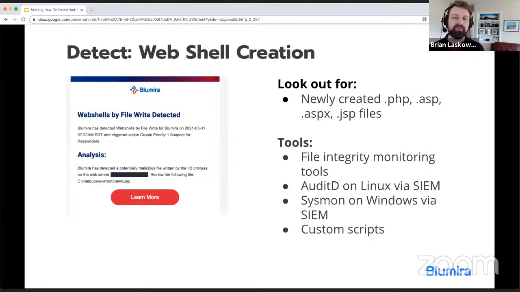If we're talking about vulnerabilities, for the most part it's going to be a public exploit, because the majority of these web shell attacks are happening with known vulnerabilities. It's pretty rare when you're talking about a 0-day like the Exchange one from earlier this year.